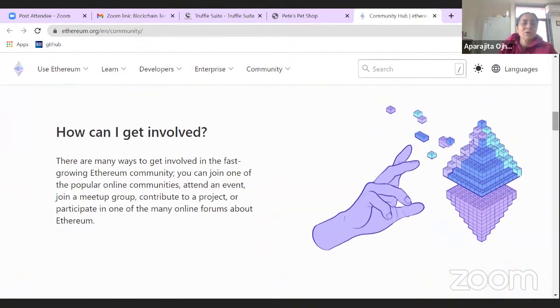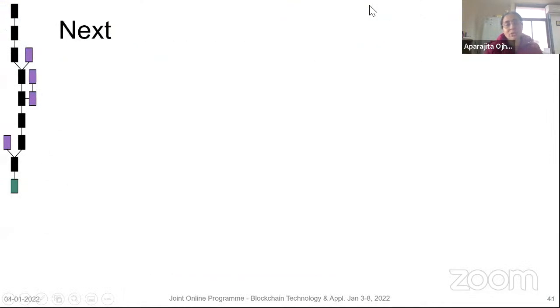How can I get involved? There are many ways to get involved in the fast-growing Ethereum community. You can join one of the popular online communities and attend an event. All this is very much possible, my dear friends. So my suggestion is, please go through the Ethereum documents, go through the Solidity documents to learn how you can play a role in the development that is going to be one of the most sustainable developments in the world.